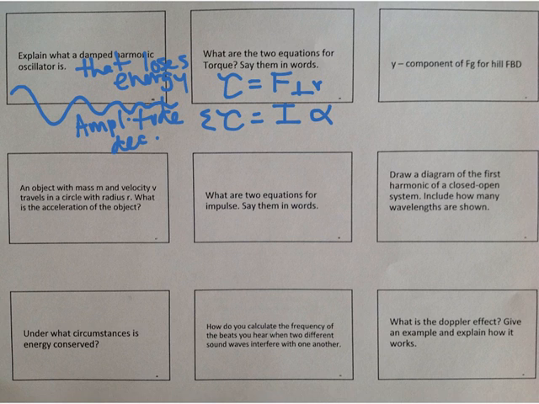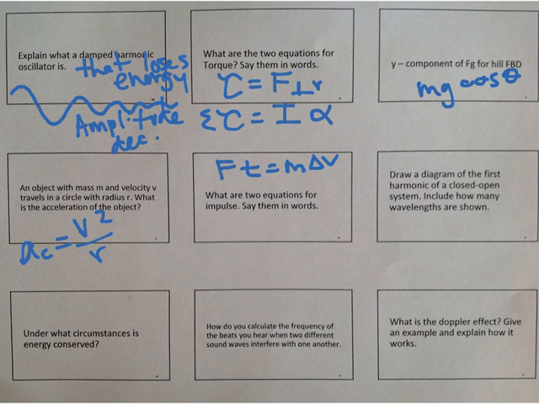Alright, the y component, we already talked about this, so the x is sine, the y is cosine. Any object accelerating in a perfect circle is going to be your centripetal acceleration equation, which is a_c equals v squared over r. Two equations for impulse are going to be force times time, or your mass times your change of velocity.